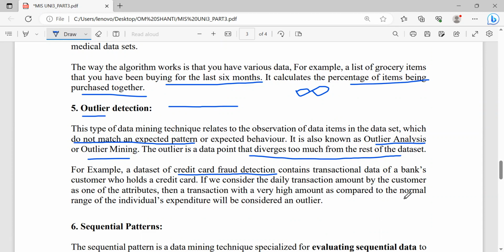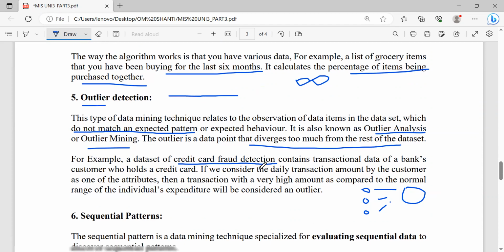So there will be an outlier for that day, 1 lakh. Daily he is using only 1000 and suddenly he is using 1 lakh. So that 1 lakh comes as an outlier. This does not match the exact data that we had previously. So this is very useful for credit card fraud detection.